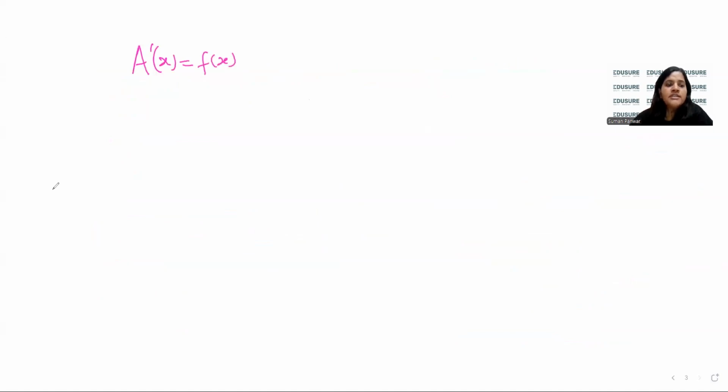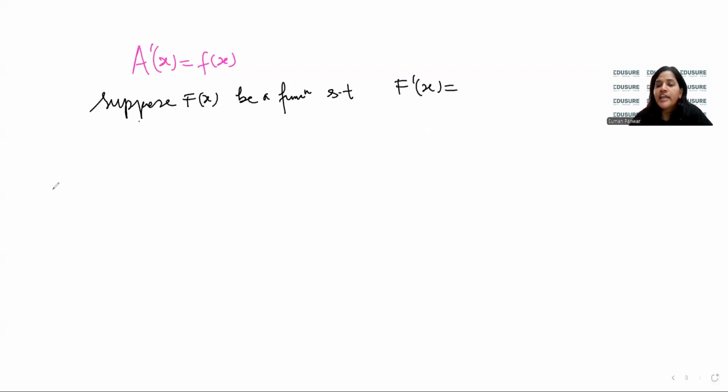Now, suppose F(x) be a function such that F dash of x is equal to f(x). There can be more than one function, because f(x) is equal to A dash x, and we can have one more function where f(x) is equal to F dash x.